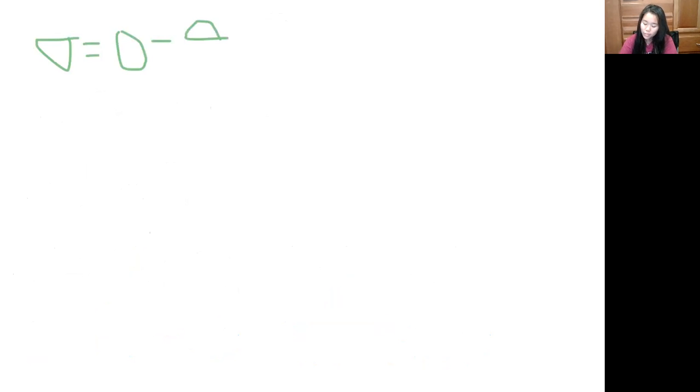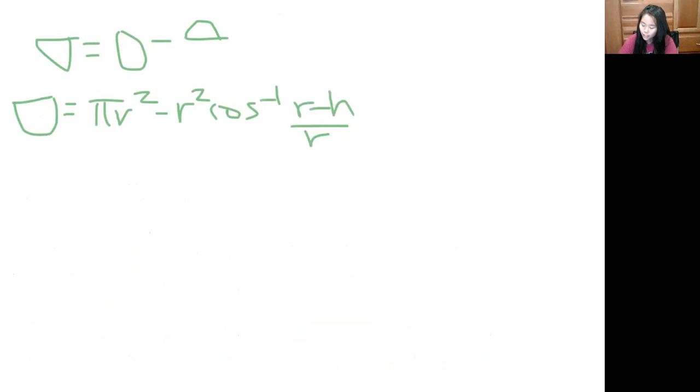Plugging in what we know, we drop down the first semicircle, and I'll redraw that, and we have that it's equal to pi r squared minus r squared inverse cosine of r minus h over r minus the square root of negative 2rh minus h squared, and then this is multiplied by r minus h.